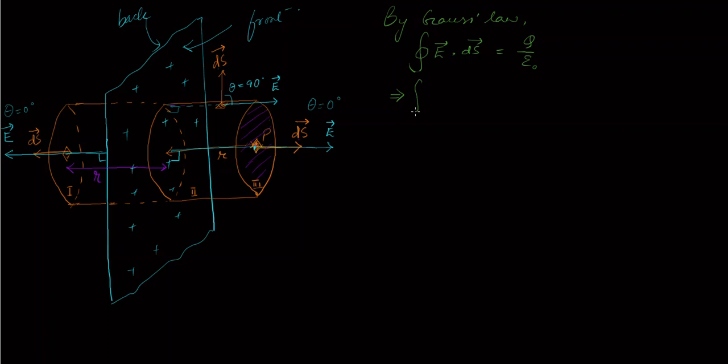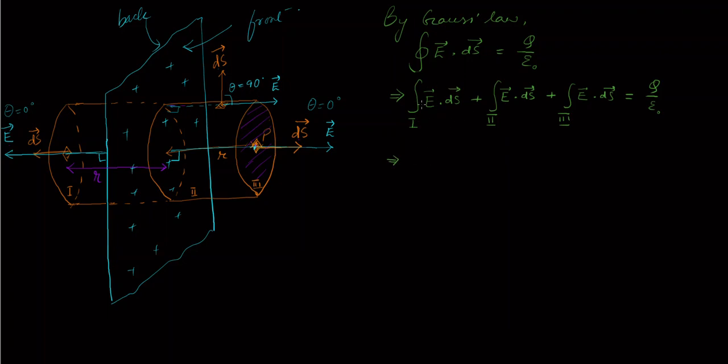So this will be integration in region 1, E dot ds, plus integration in region 2, E dot ds, plus integration in region 3, E dot ds. This is equal to q by epsilon naught.